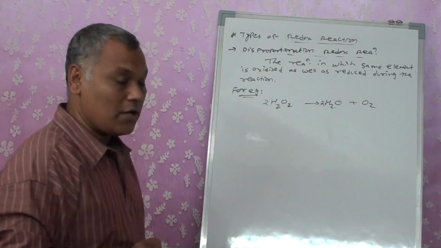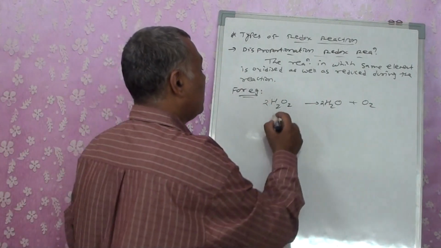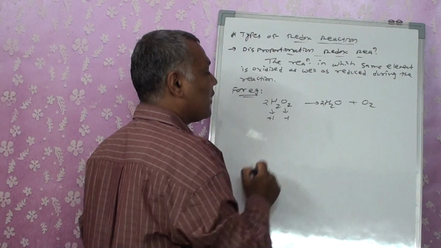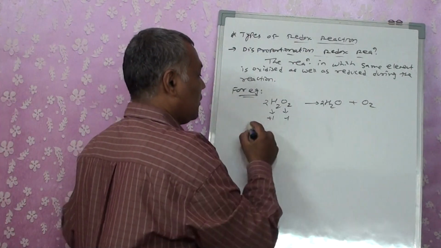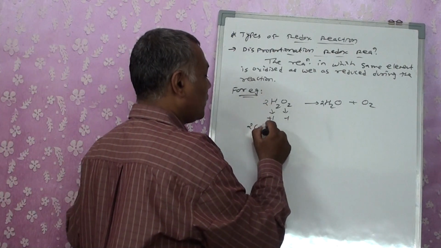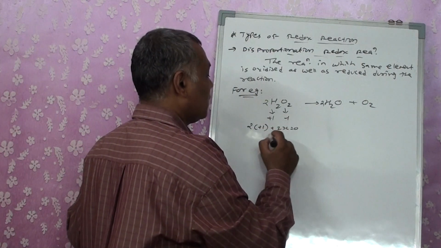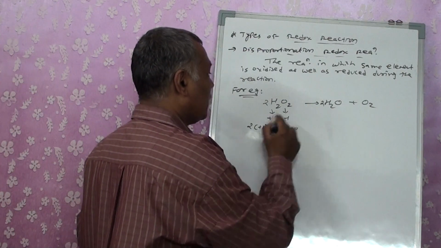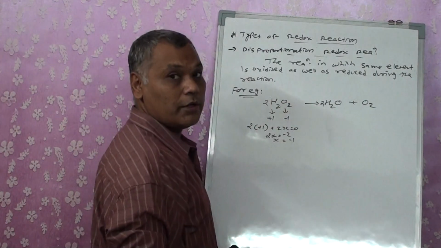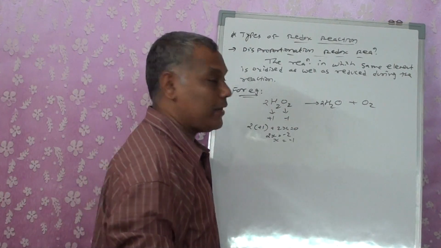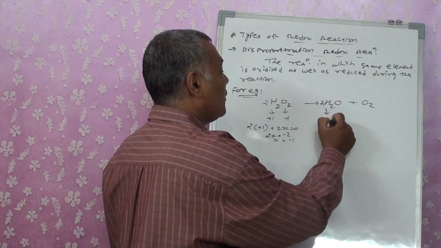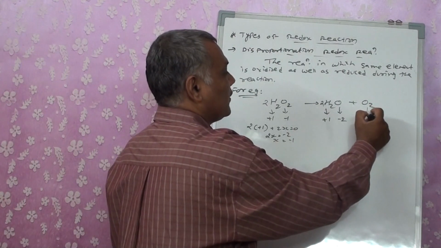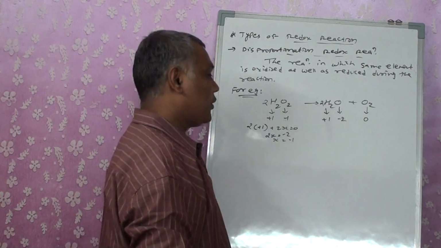Now let's find the oxidation state of these elements. Hydrogen is +1, oxygen over here is -1, it's a peroxide. Here we will get 2 into +1 plus 2x, so 2x equals -2, so x equals -1. It's hydrogen peroxide, so peroxide oxygen will be -1. For this it will be +1 and this one will be oxide -2, whereas being a molecule, its oxidation number will be 0.